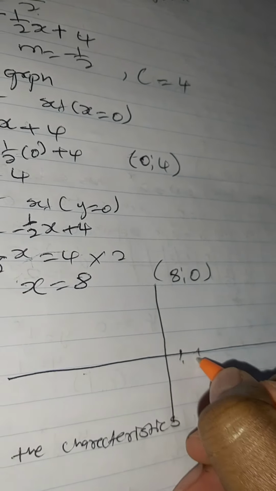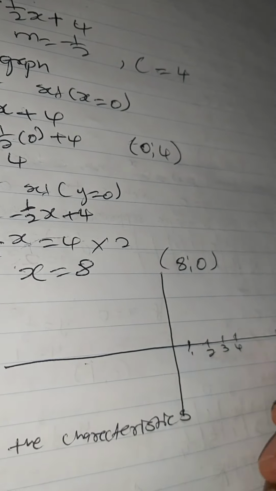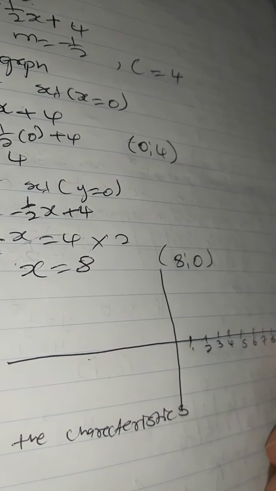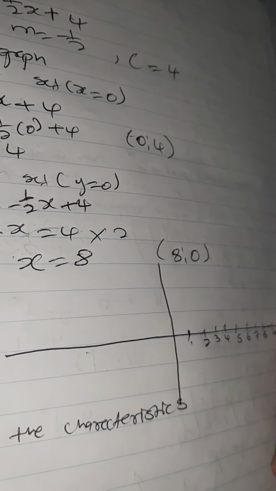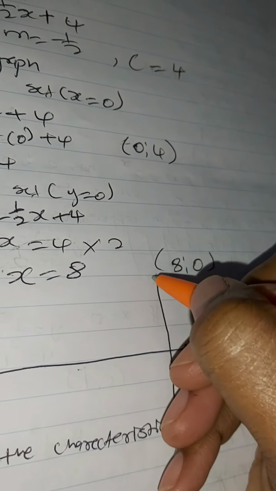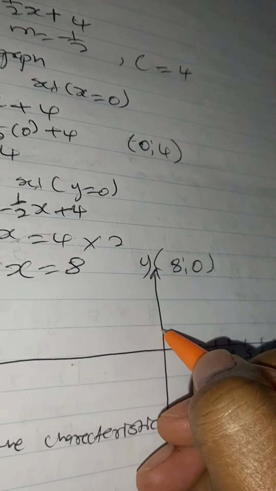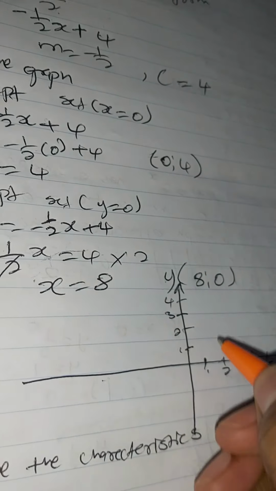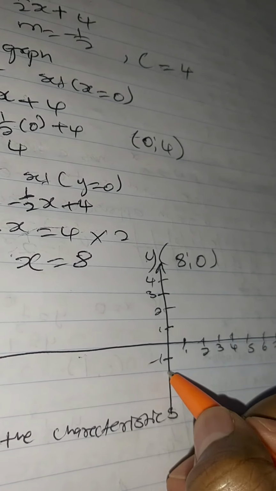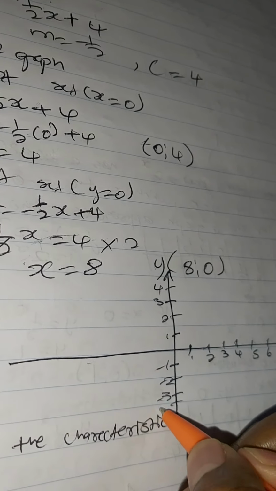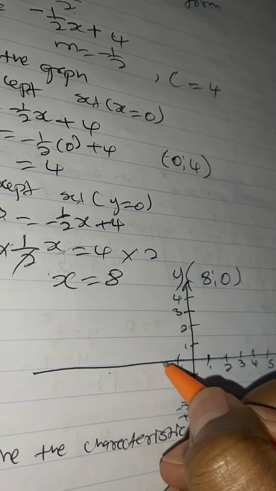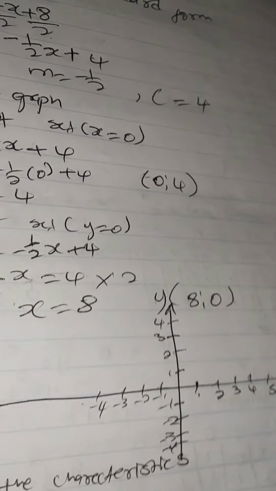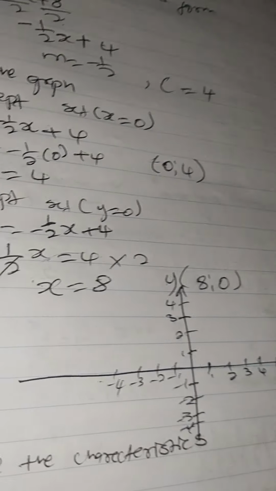We've got 1, 2, 3, 4, 5, 6, 7, 8, 9 on the x axis. Then we've got the y axis, 1, 2, 3, 4, and minus 1, minus 2, minus 3, minus 4. My graph is not up to scale, but you just have an idea.